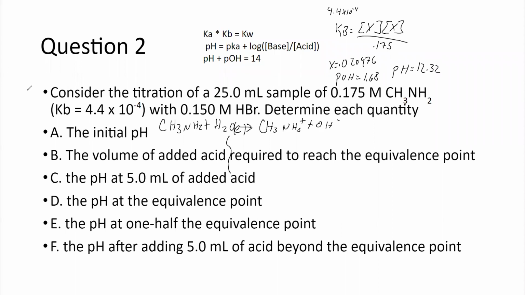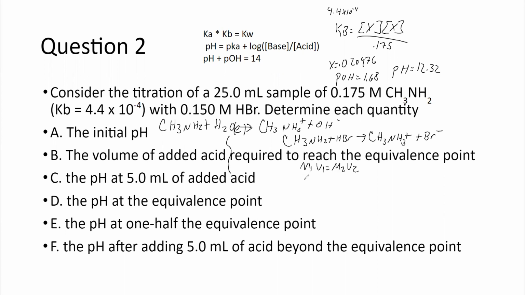All right. Now, how much acid do I need to reach the equivalency point? This is a 1-to-1 ratio because we can rewrite what's going to happen when we have our acid: CH3NH2 plus HBr goes to CH3NH3+ plus Br-. It's a 1-to-1 ratio, so I can use M1V1 equals M2V2.